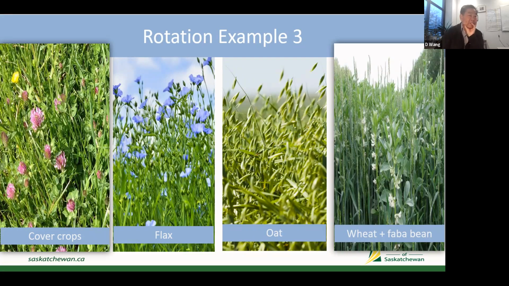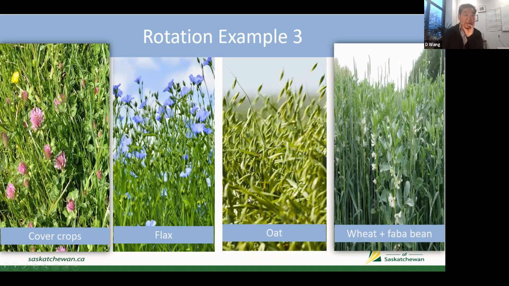If you're looking at a yield of 14 bushels per acre, it will use about 13 pounds of nitrogen, and the leftover will support a good oat production, because oats don't need a whole lot of nitrogen. You could get 60 or 70 or even higher oat yield, but still have enough nitrogen supply for that crop.